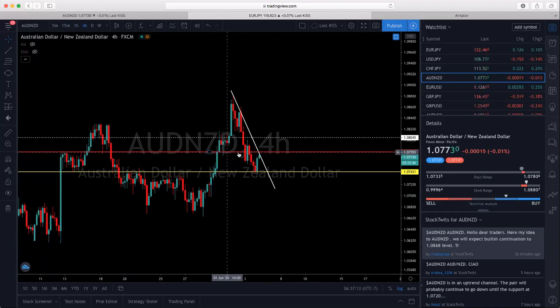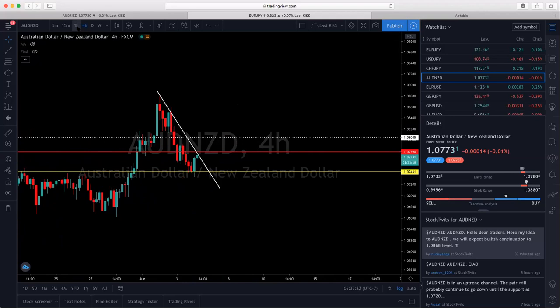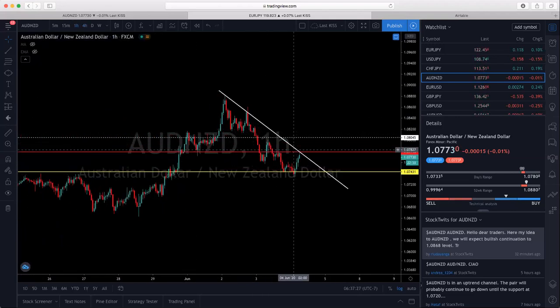It became support. So because we have this market structural pattern, how we make sense of this is that if this market structural pattern is to continue, let me go down to the 1 hour, then it should come to this zone. It's going to definitely attract seller interest because as sellers, we want to sell and continue with the trend.